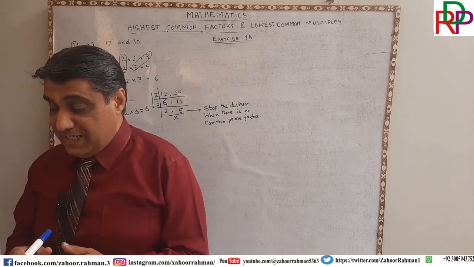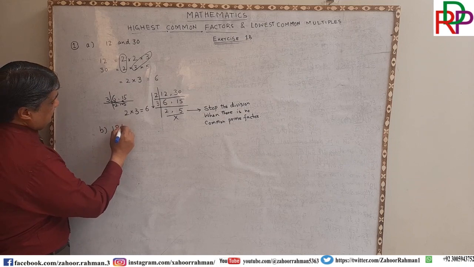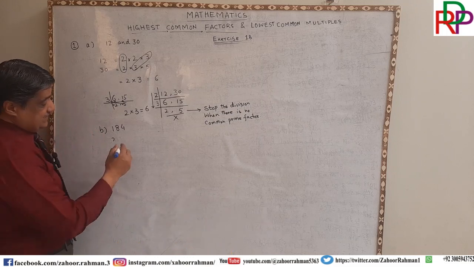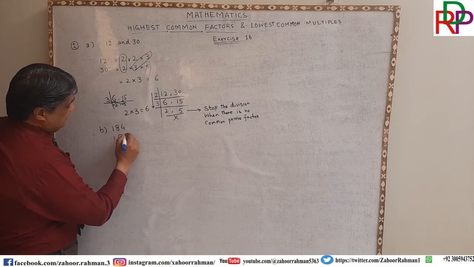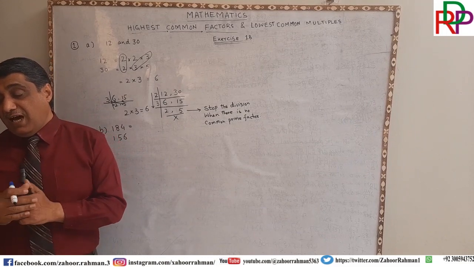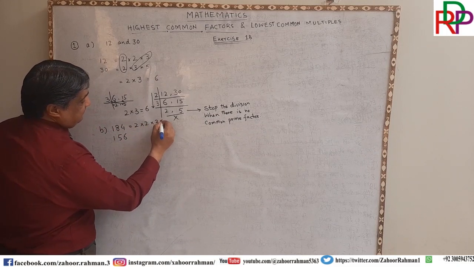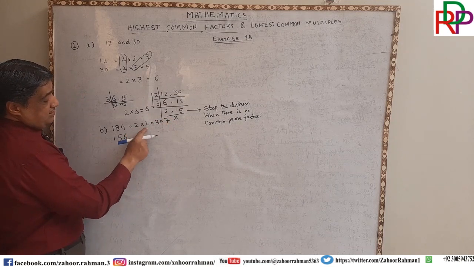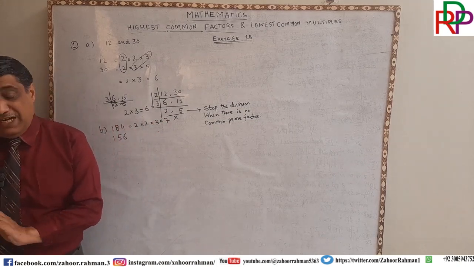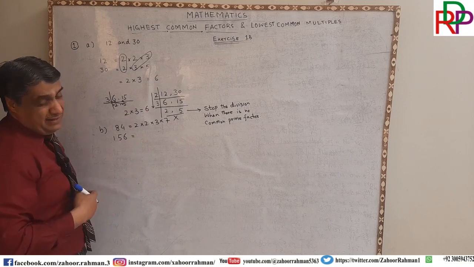Our second one is 84 and 156. We have to list the factors of these. For 84 there are 2 into 2 into 3 into 7. 2 twos are 4, 4 threes are 12, 12 sevens are 84.